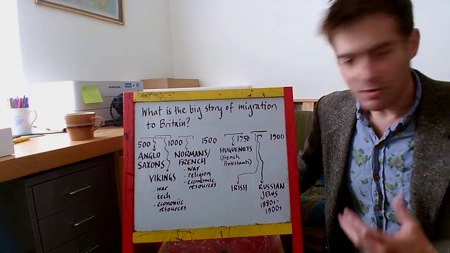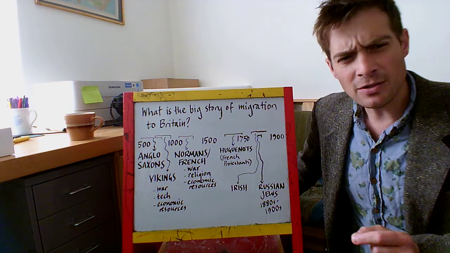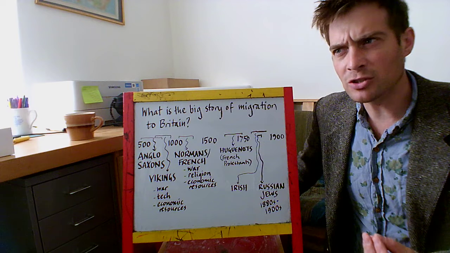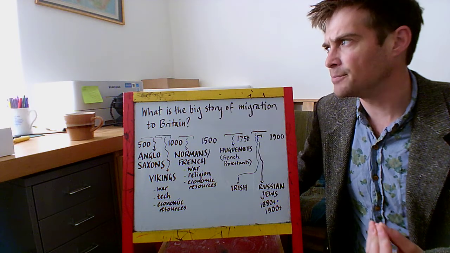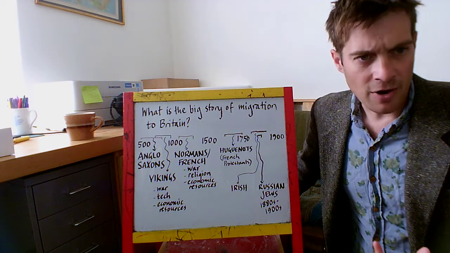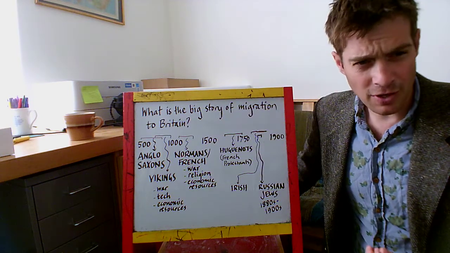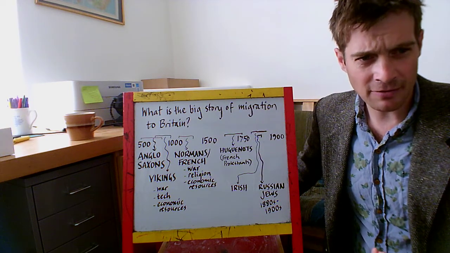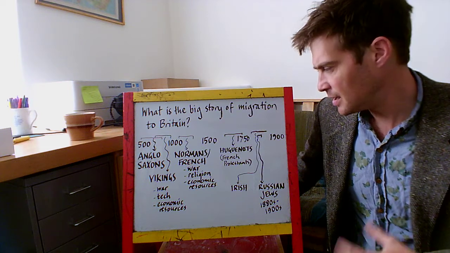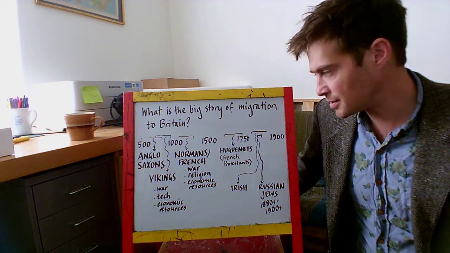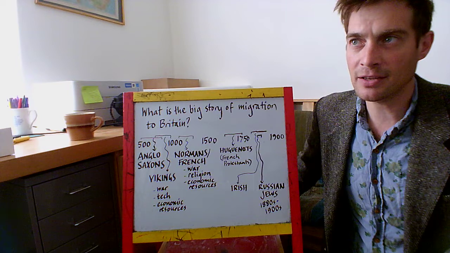And we're going to be exploring reasons for that, and reasons for that migration really going into overdrive in the 1840s. A huge number of people, millions of people, left Ireland in the 1840s. Most of them actually went to the United States or to Australia or to Canada.